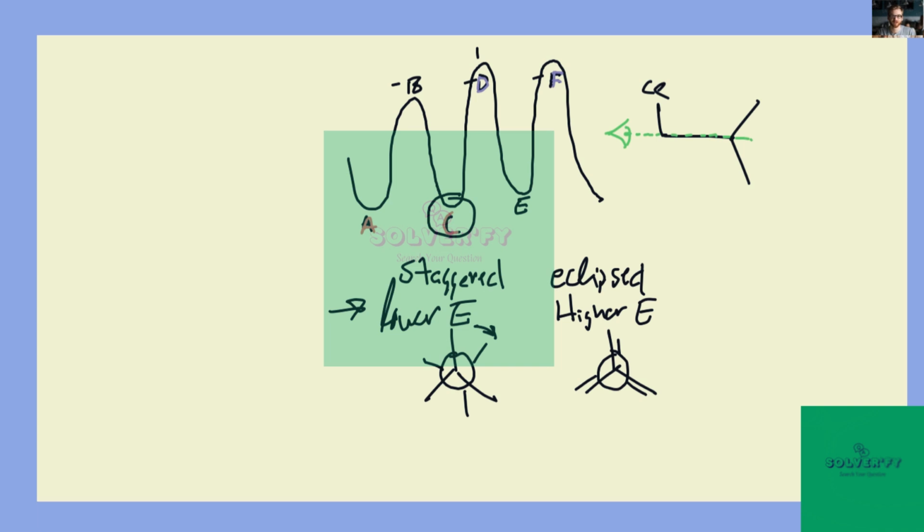And if we move to the left 30 degrees, then we move from C to B, one of the other eclipsed conformations. But importantly, one of the eclipsed conformations that we can move into, D, is higher in energy than the other one, B. Okay, so let's talk about what those eclipsed conformations are that correspond to B, D, and F, and then we'll know that we're in between two of those.